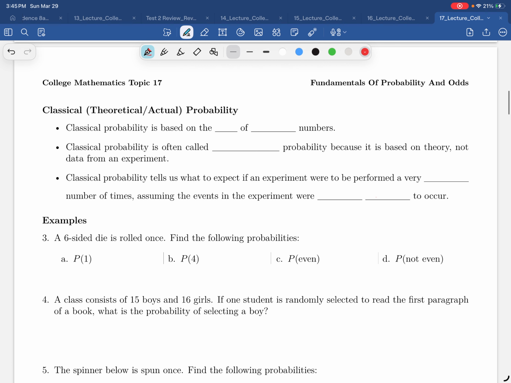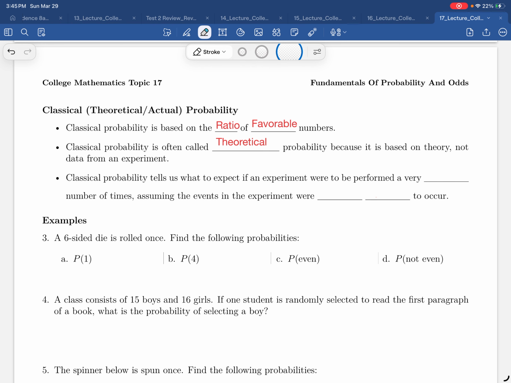Now, classical or theoretical probability is based on the ratio of favorable outcomes. Classical probability is often called theoretical probability because it's based on theory and not data from some particular experiment. It's what you would expect to happen in the long run.